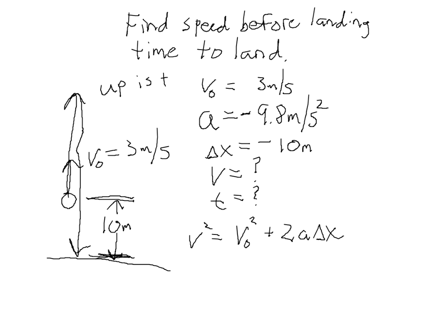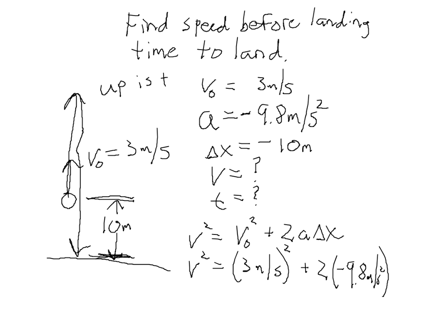Let's plug in what we know, paying attention to the signs. v0 is 3 meters per second, that's squared, plus 2 times a, which is negative 9.8 meters per second squared, times delta x, which is negative 10 meters.